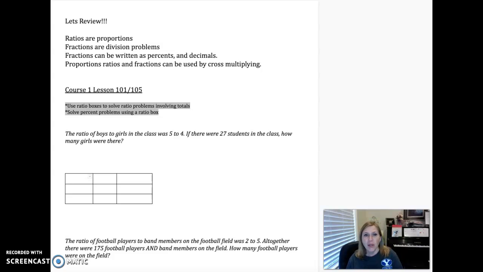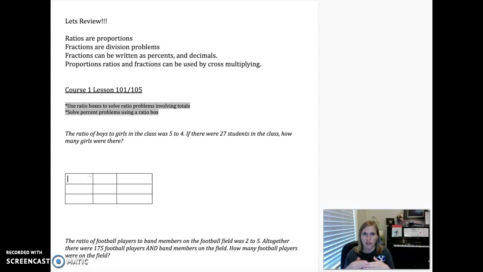Okay, really quick, let's review. In class, we've been making lists of things. We've been talking about picturing a fraction. So we have this numerator, this number, over another number, the denominator. Fractions are what we're talking about when we talk about ratios. They're proportions. Fractions are division problems.